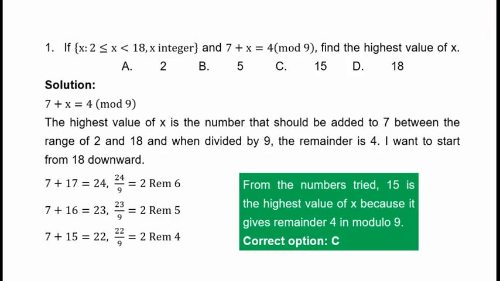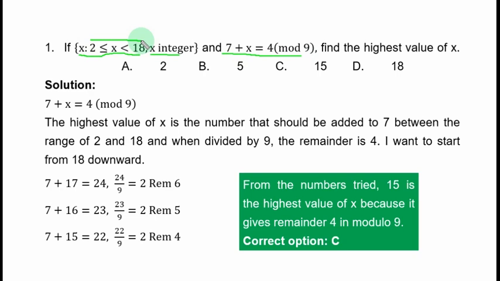Question 1. If S is an integer such that 2 is less than or equal to S less than 18, and 7 plus S is equal to 4 modulo 9, find the highest value of S. Here you must be careful with the range.